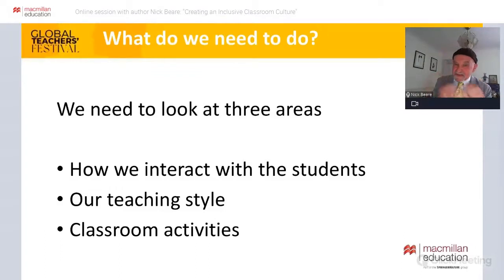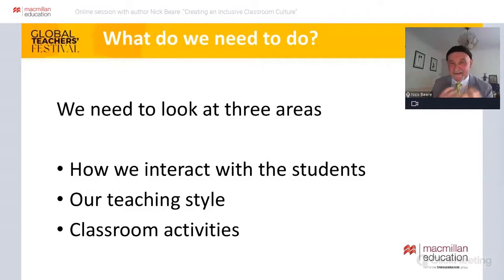How we interact with the students, that's in a more social kind of way. How we say hello, how we talk to them, and so on. Our teaching style, that's the way we actually handle the material, the things we're using in the classroom to teach English, in our case, and the actual activities we use. So it's all kind of closely related, but they're actually very different things.